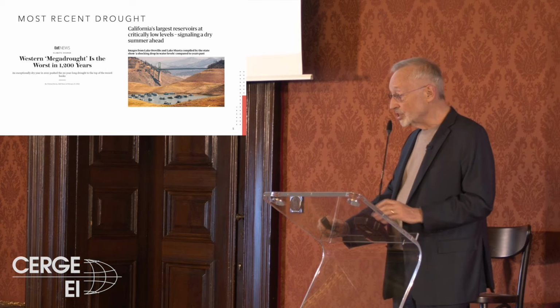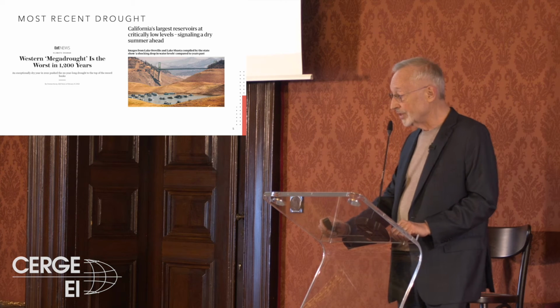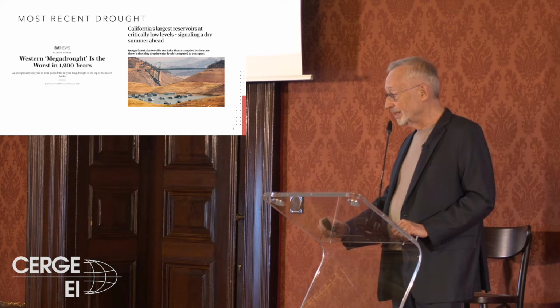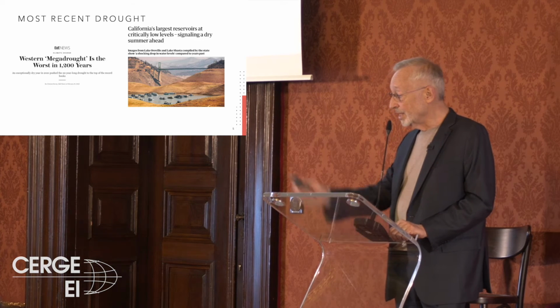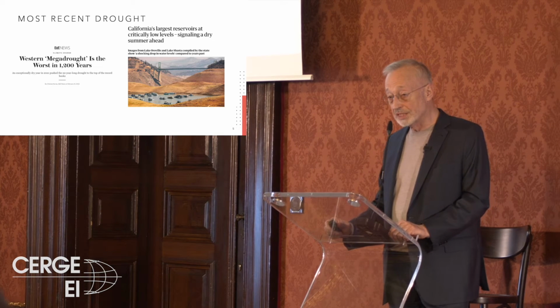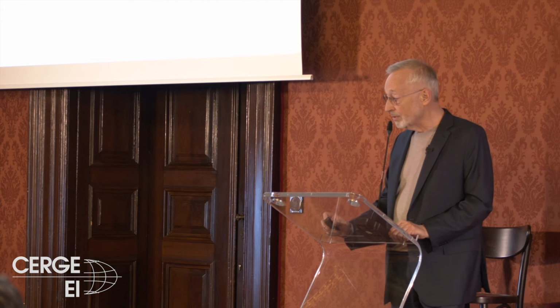The western states in general have gone through a megadrought that lasted approximately 10 years, the worst in more than 1,000 years. And you can get some picture of what's happening here that makes it urgent to try to economize or save water.